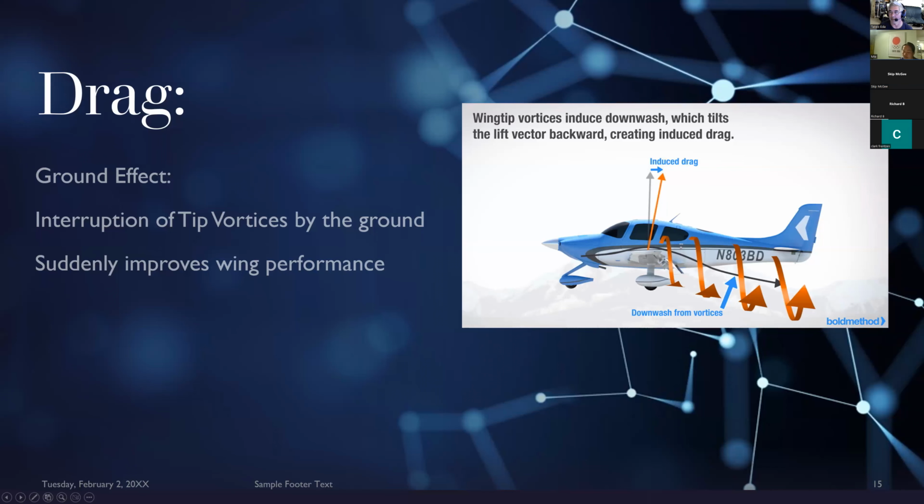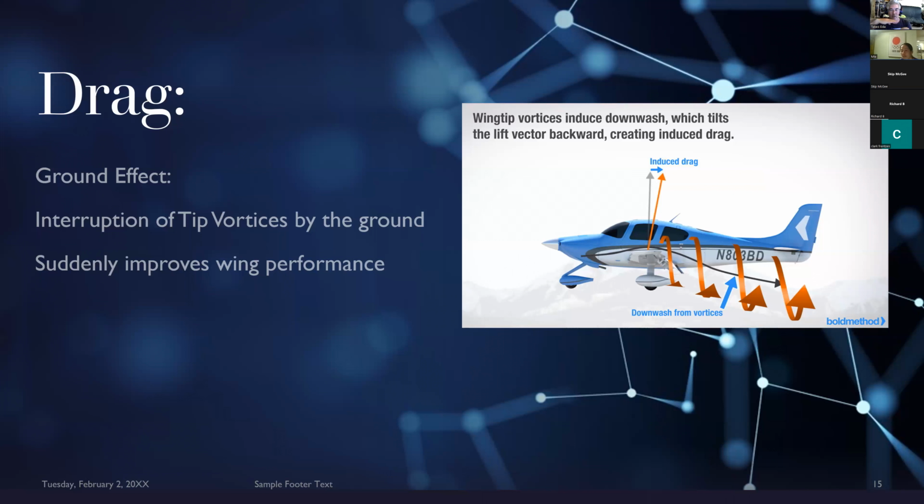Oh, we need to get into ground effect. So we just talked about tip vortices. You're flying a wing through the air, right? There's a pressure differential between above the wing and below the wing. That's what keeps you in the air, right? When it reaches the tip, these two pressures want to equalize. So the high pressure wants to go up, and it goes around the low pressure region at the wing tip.